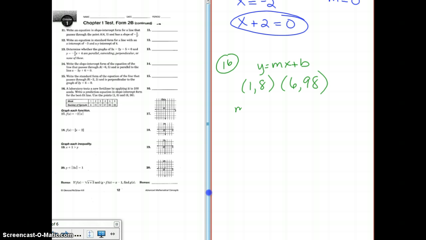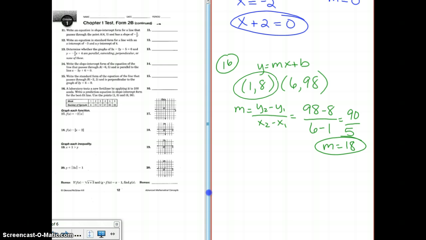So let's start by finding the slope. Subtract the y's, 98 minus 8, and subtract the x's, 6 minus 1. You get 90 over 5, which is a slope of 18. So the slope is 18.